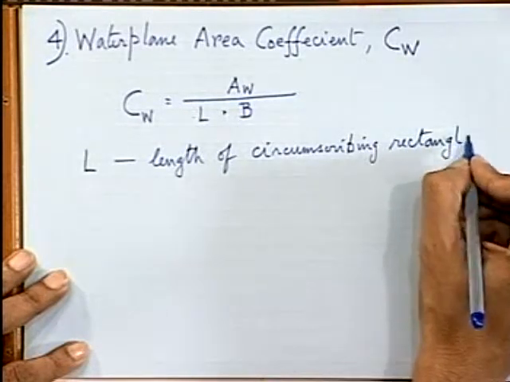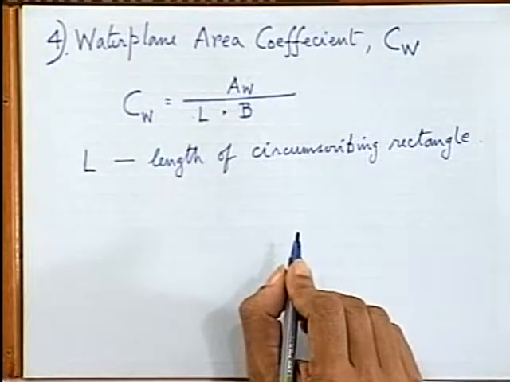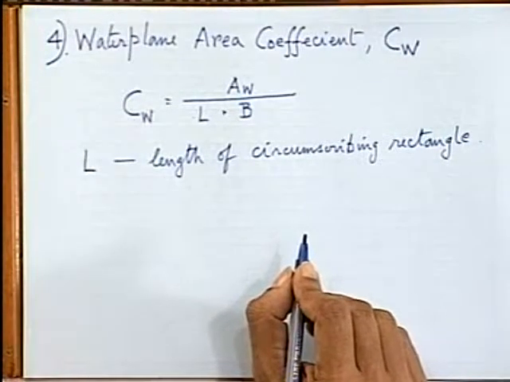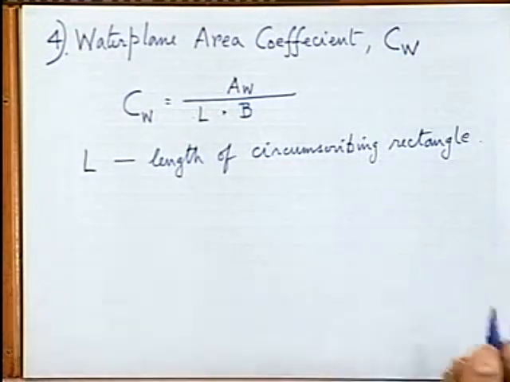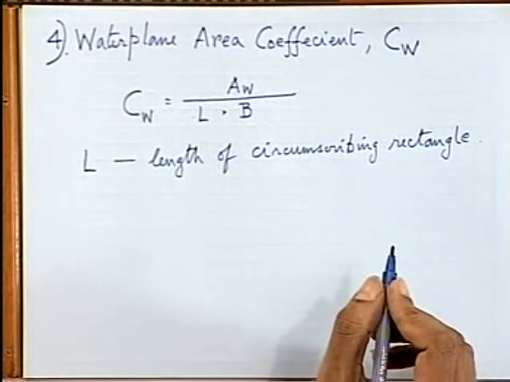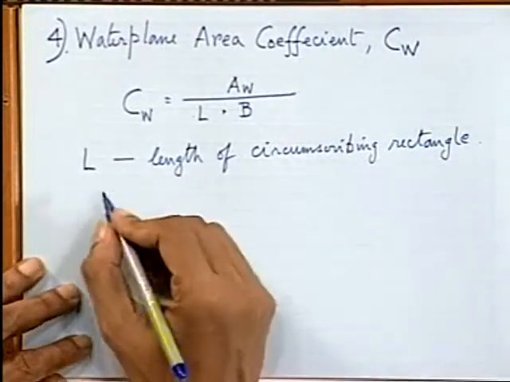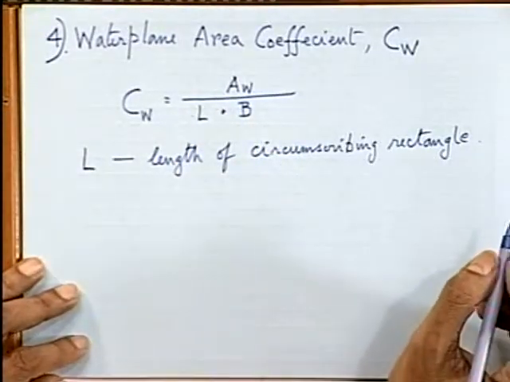Actually the definitions vary according to convenience. Some take the length that is given in the block coefficient, some will take LBP, some the load water line length, like that. But if you want to make the hydrostatic calculations, it is better to settle on one single value.